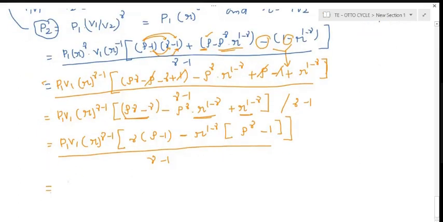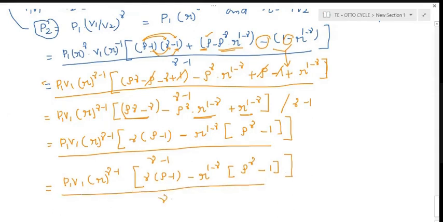So the next step is, that's all. P1 V1 into R power gamma minus 1 into gamma into rho minus 1 minus R power 1 minus gamma into rho power gamma minus 1, divided by gamma minus 1.